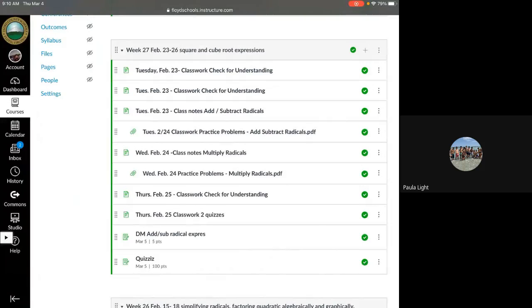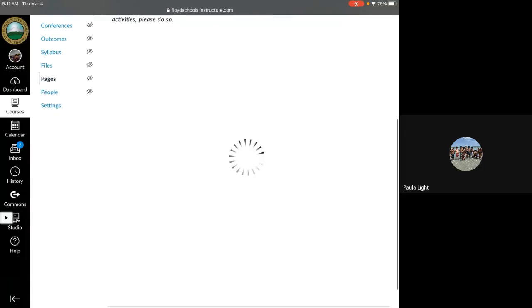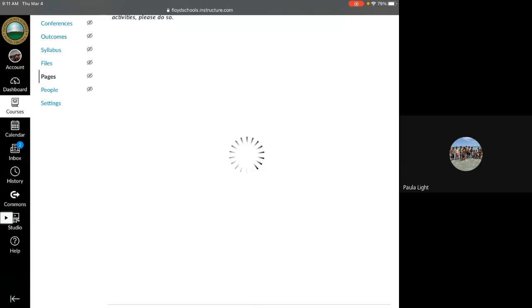Check for understanding, notes last week, add and subtract radicals, multiply radicals. We just went over those two. Have you guys done this yet? This is from last week's module, and I can move it into this week's. This check for understanding is delayed for me. Okay, let me do something to it. Let me go back.